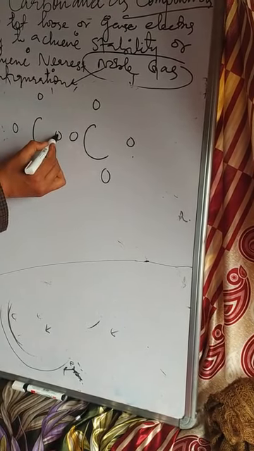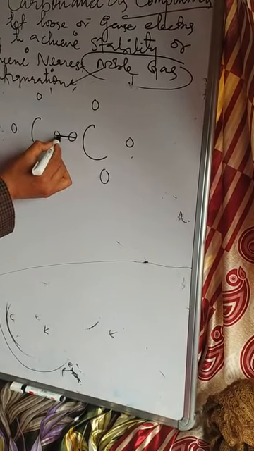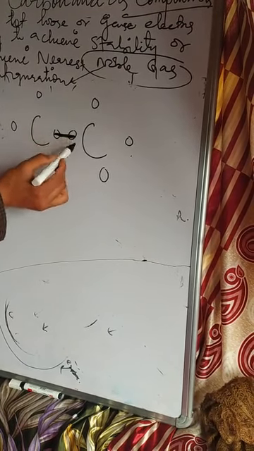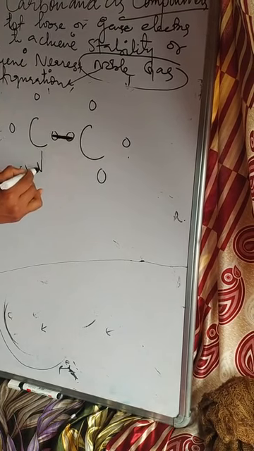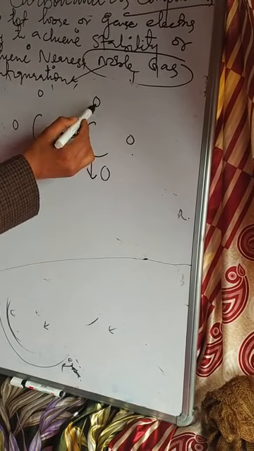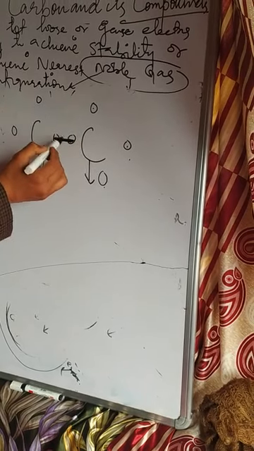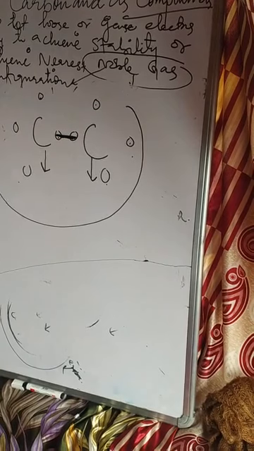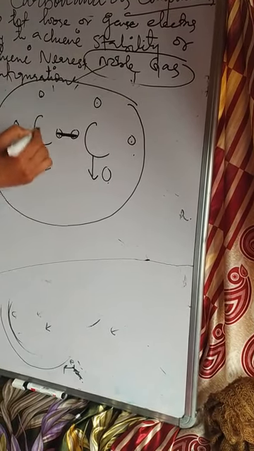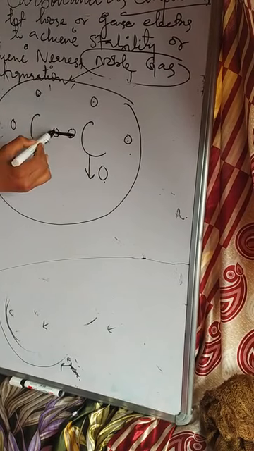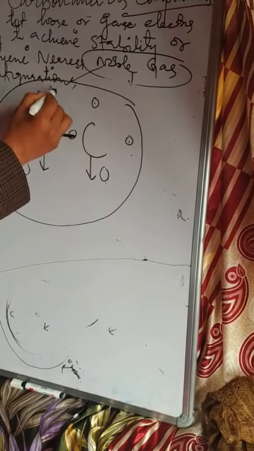It will share this electron with this carbon, thereby forming a carbon-carbon bond. This carbon achieves the nearest noble gas configuration, and the same is the case with the other carbon: 1, 2, 3, 4, 5, 6, 7, 8.